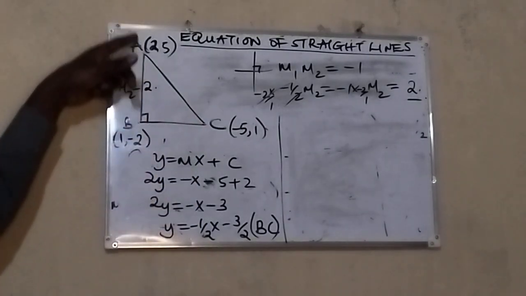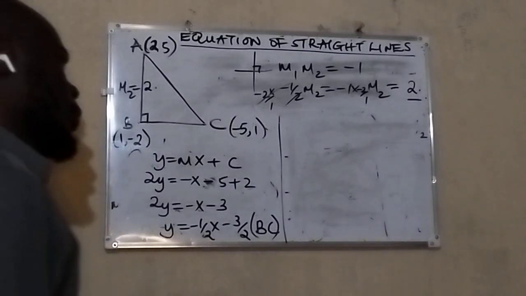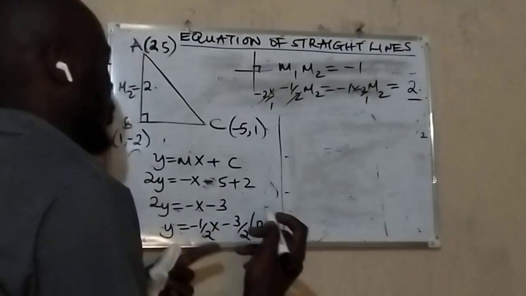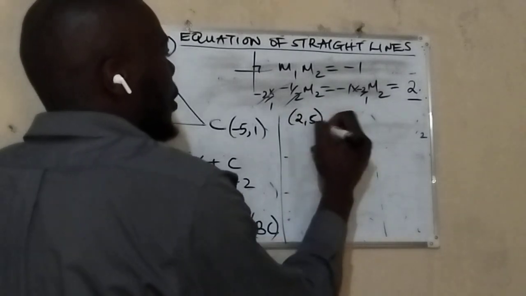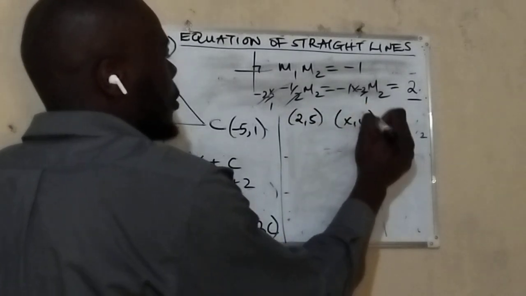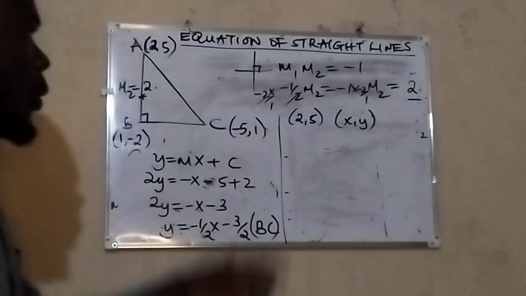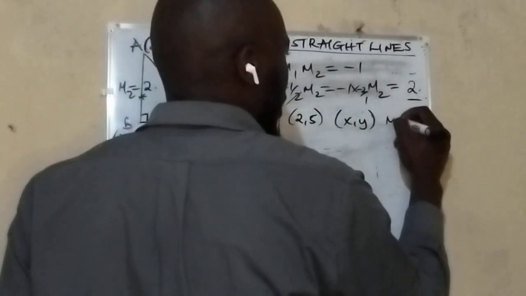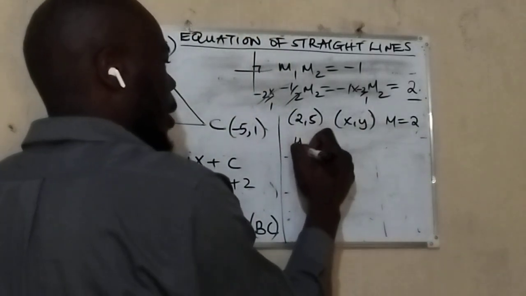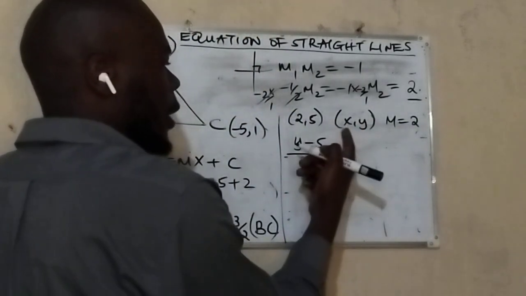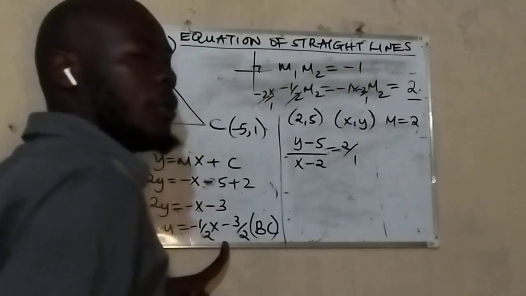You can use any point, so long as you have the gradient and one of the points. So we can use (2, 5). We can have an unknown coordinate (x, y) along that line, and our gradient is 2. So you say change in y, y minus 5, over change in x, x minus 2, equals 2/1.